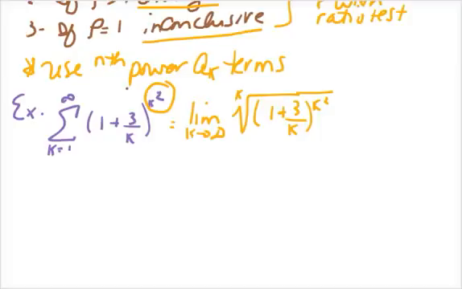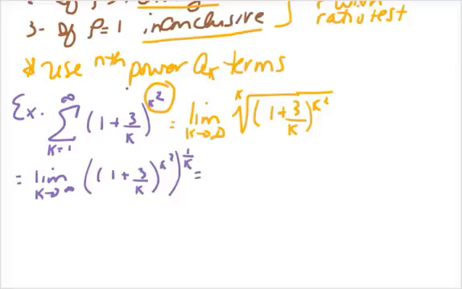So algebraically, this cleans up to 1 plus 3 over k to the k squared. And then instead of the kth root, I'm going to write it as an exponential, which is 1 over k. And this becomes just k.